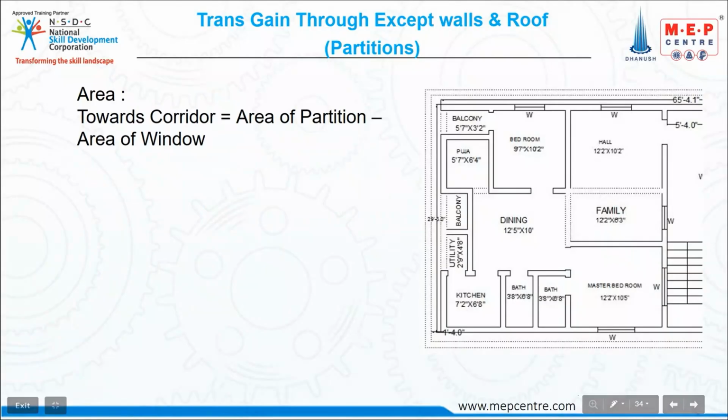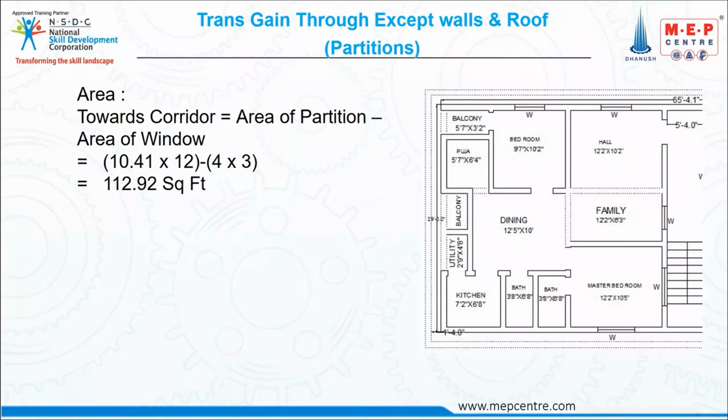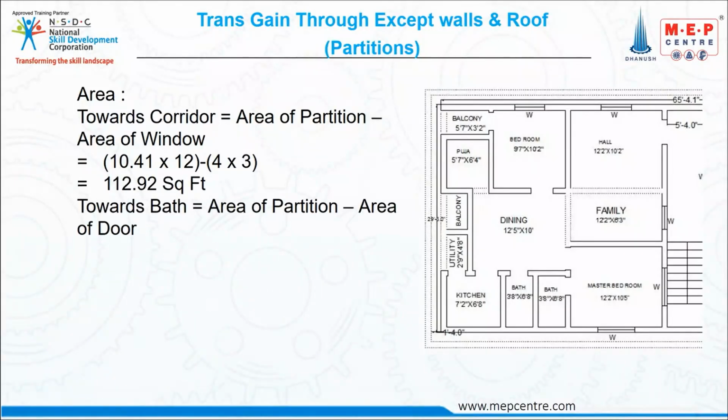So area of partition minus area of window towards corridor, which is 10.41 into 12 minus 4 into 3, which is 112.92 square feet. Towards bath, area of partition minus area of door. 6 feet 8 inch, which is 6.66 feet. 6.66 into 12 minus 7 into 3, which is 58.92 square feet.